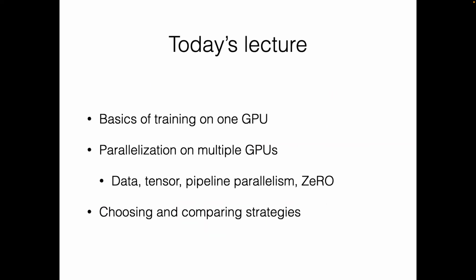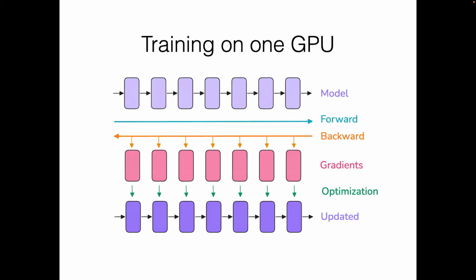Okay, so first we'll go over training on one GPU. If you abstract out from the training procedure or fine-tuning procedure, which you've now seen and implemented, then you have these major parts. First of all, you have your model here on the top, and the model consists of different layers. So we're visualizing the layers horizontally. And then you have the forward pass and you have the backward pass.